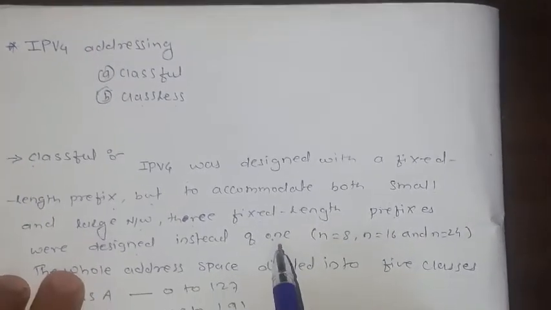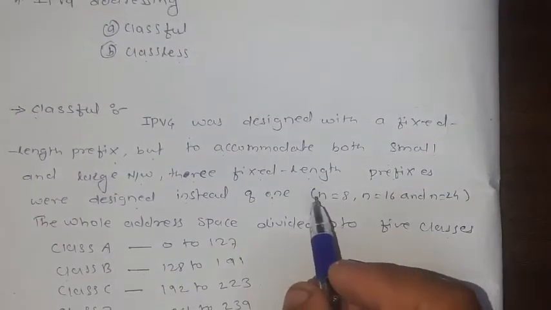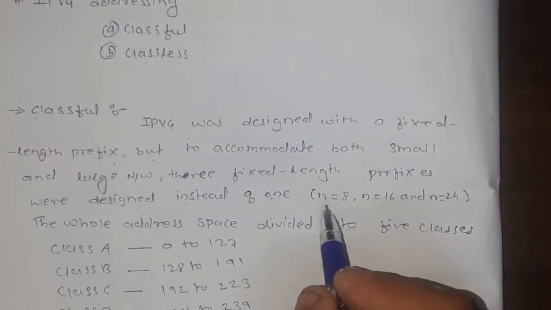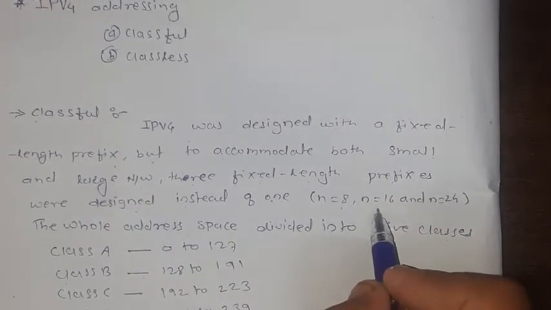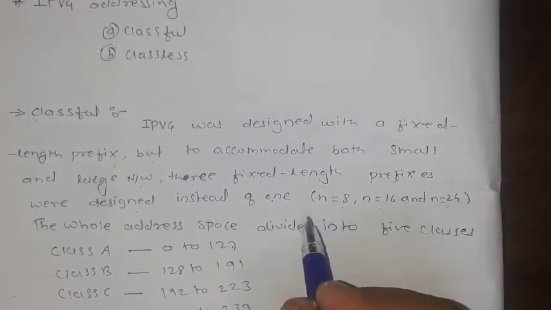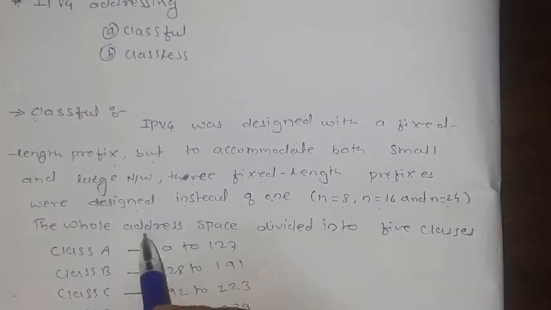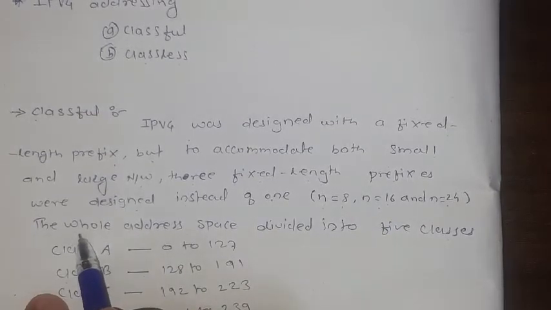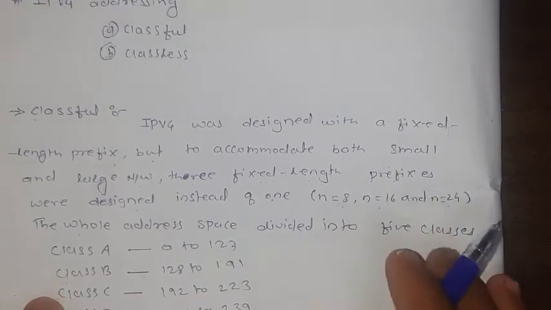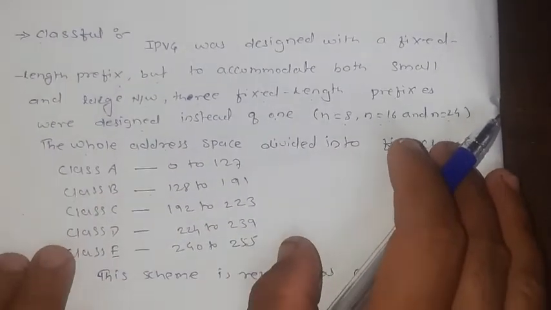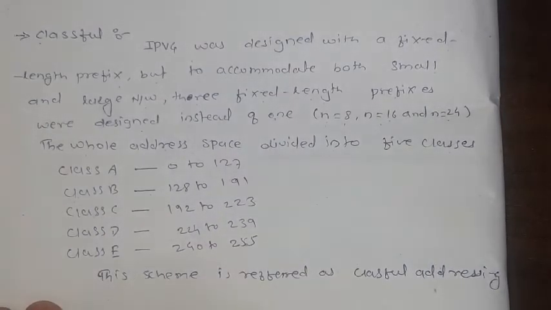Here the values of the prefixes in this category are the first 8 bits, then 16 bits, then 24 bits. So the value of n is 8, 16 and 24 respectively. The whole address space is divided into 5 classes: class A, class B, class C, class D and class E.